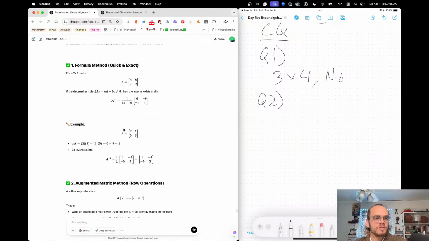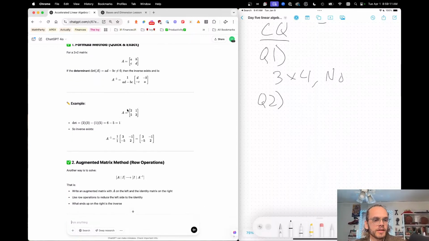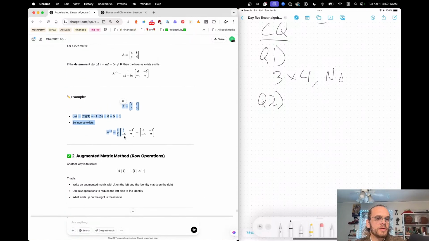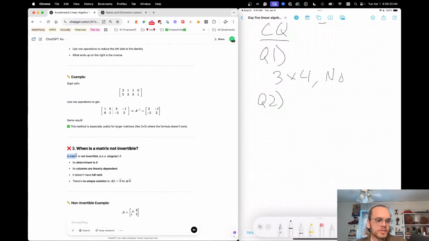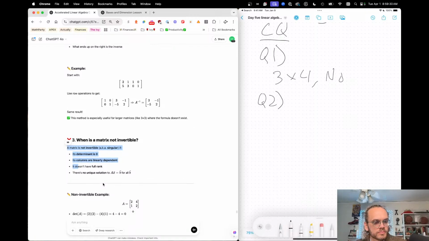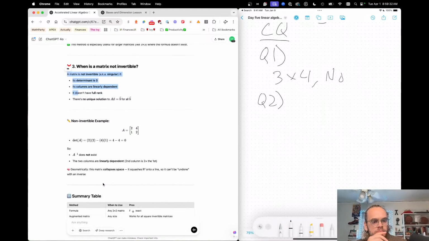So first, the formula method, quick and exact. I find the determinant. Yeah, AD minus BC does not equal 0 means that the inverse exists. Cool. The matrix is not invertible if the determinant is 0, and its columns are linearly dependent. It doesn't have full rank. So if its columns are linearly dependent, that means its determinant is 0.